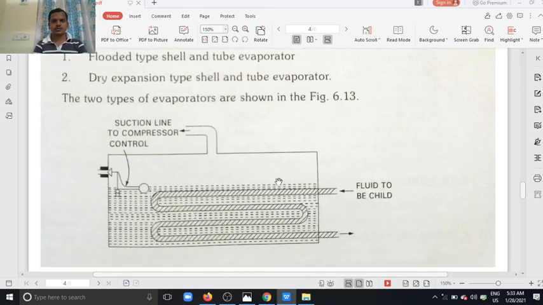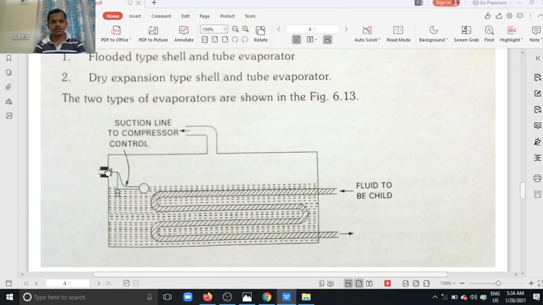So this is the shell. In this shell, the tubes are provided. In these tubes, the chilled liquid circulates. This is the float valve, and the refrigerant enters from this inlet.